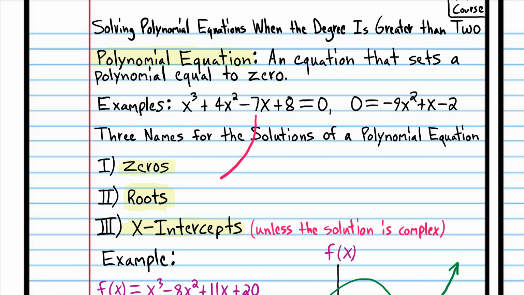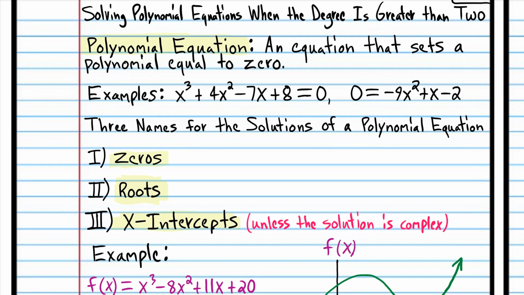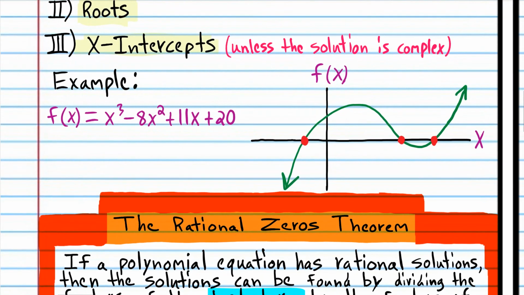We also call the solutions roots. That's kind of a confusing term to use, but that's just another name that mathematicians give the solutions. And we can also call the solutions x-intercepts because if you graph a polynomial function like the purple one here, the x-intercepts are the numbers that you can plug in to make the polynomial equal to 0.